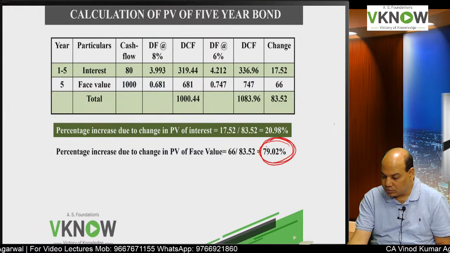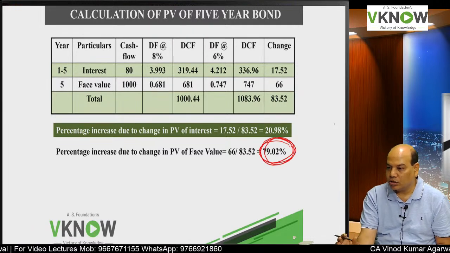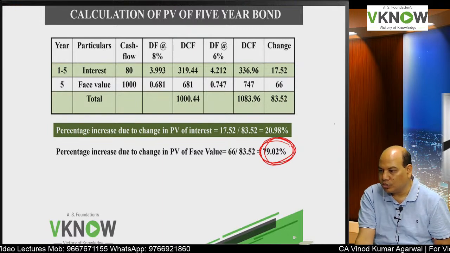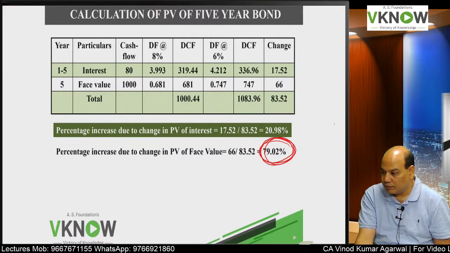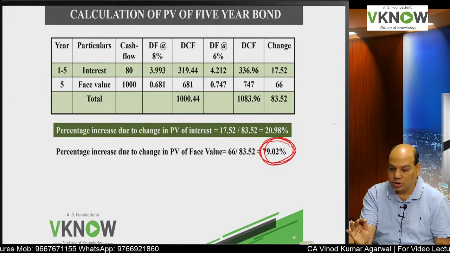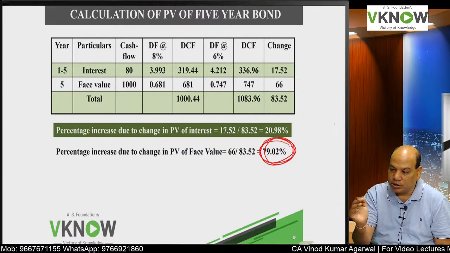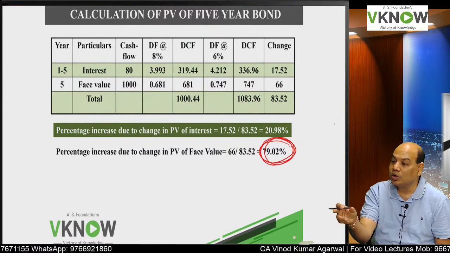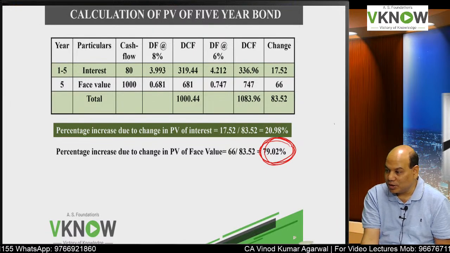The change in face value has contributed more towards the change in the present value of the bond, if it is a 5-year bond. Now we'll do the same exercise for a 20-year bond, and let us see in the 20-year bond who contributes more, the coupon or the face value.